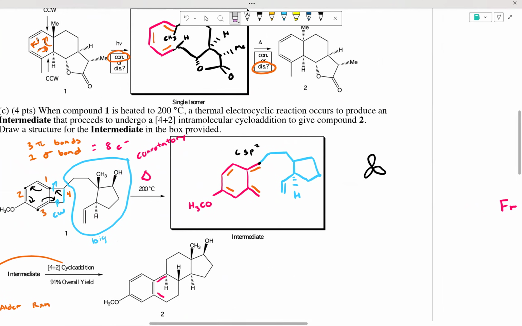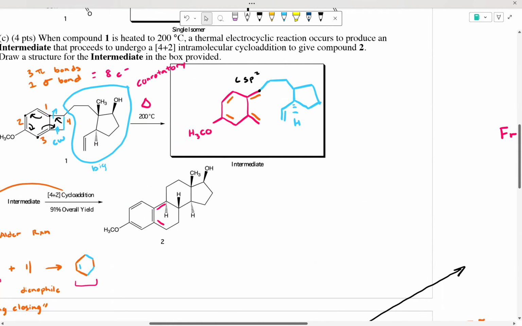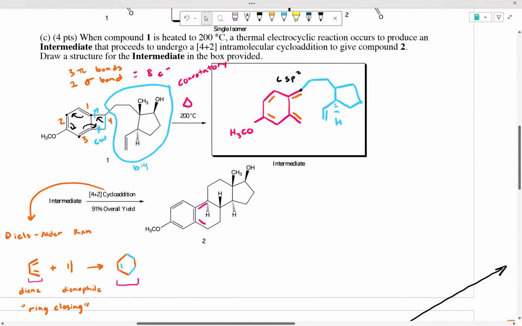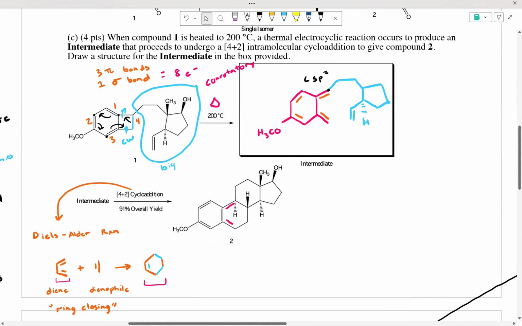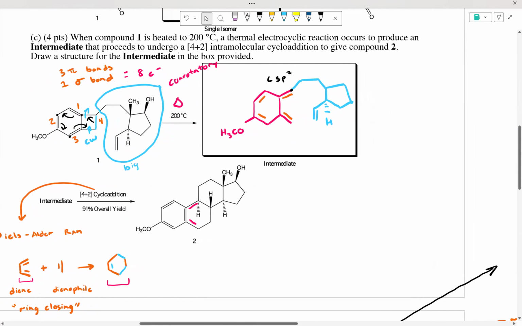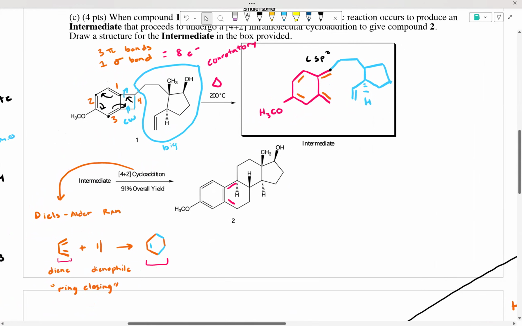Sorry, gang. Anyways, we are gonna think about, could our intermediate go through a Diels-Alder reaction? And as I said before, we just need a diene, which we have here. Diene, check. And we need a dienophile.